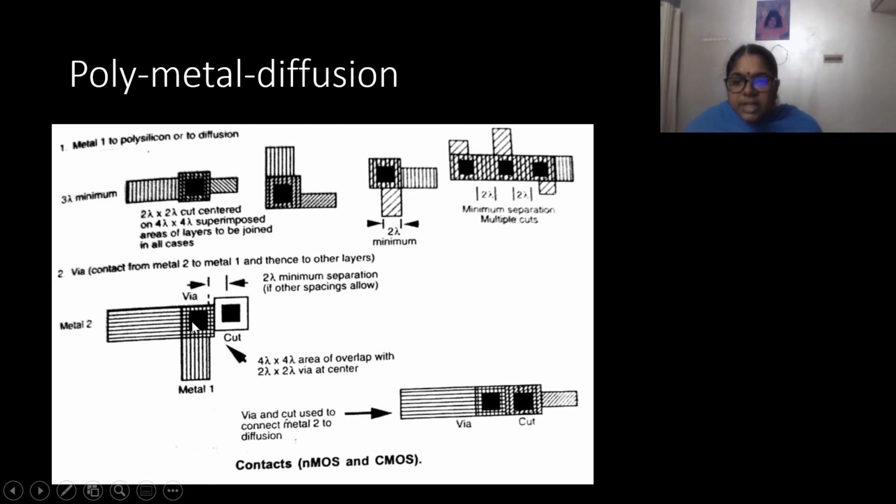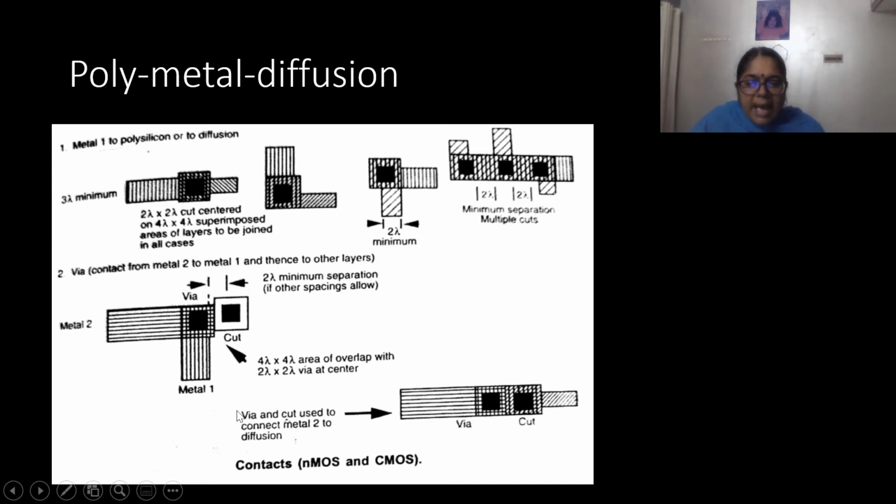For a via, generally a plus sign is indicated. This metal 1 is then used to make connection with other layers. When this type of via is being used, you can see that the distance between these 2 contact cuts is a minimum of 2 lambda.